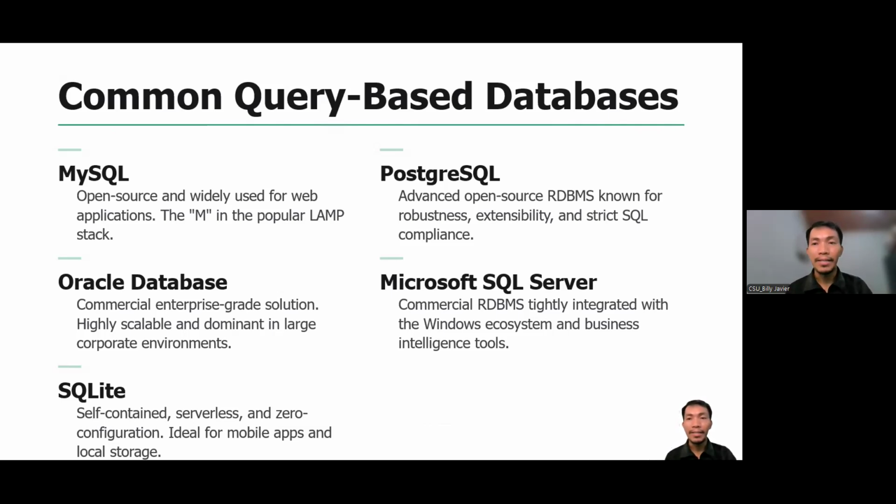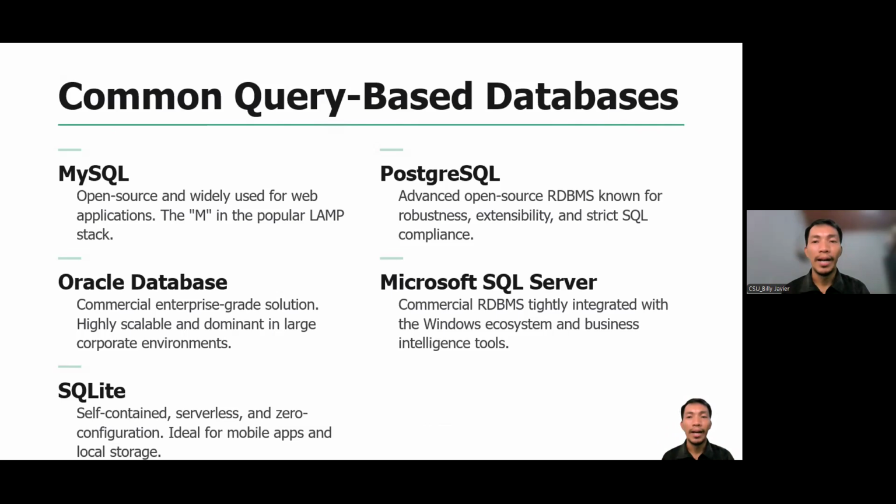Now, Oracle Database is an enterprise-grade solution. It's highly scalable for large corporations, and it's known to be one of the dominant database systems for large or corporate environments. MS SQL, or Microsoft's SQL Server, integrates seamlessly with Microsoft's ecosystem, and it's widely used for business intelligence.